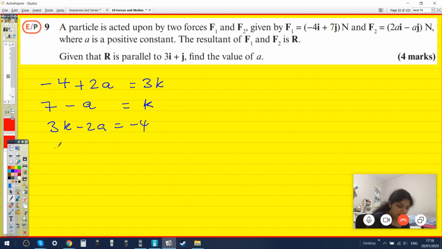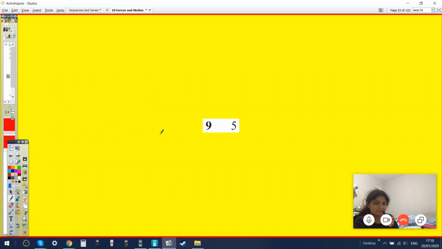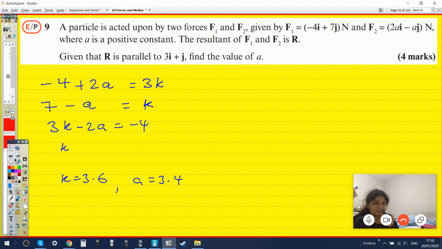I got K is equal to 3.6 and A is equal to 3.4. Okay, that's wrong. Let's see. Was your simultaneous equations different to this?